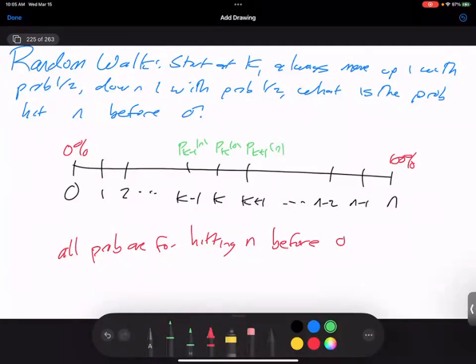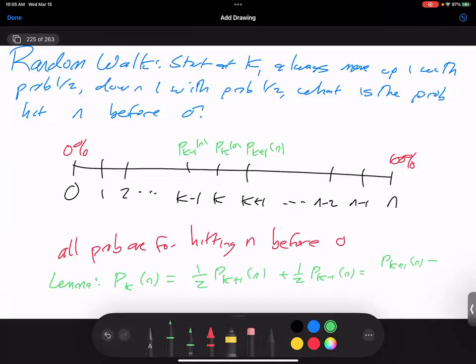And we have a really nice lemma: P_K of N is 1/2 P_{K+1} of N plus 1/2 P_{K-1} of N, which is P_{K+1} of N plus P_{K-1} of N over 2.